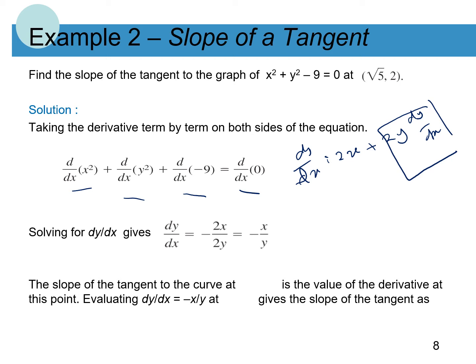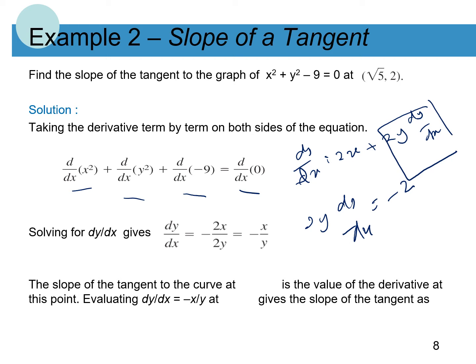Therefore, from here we rearrange this by using algebraic technique, and therefore we have 2y dy over dx is equal to negative 2x.